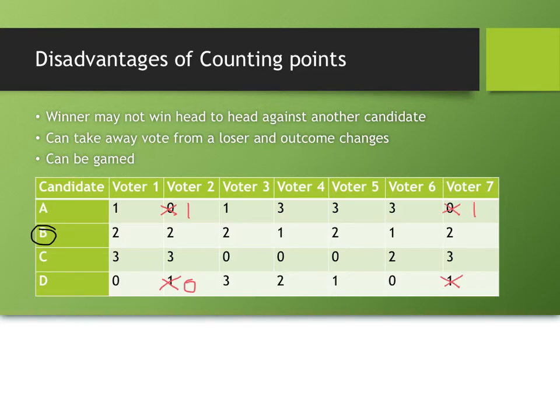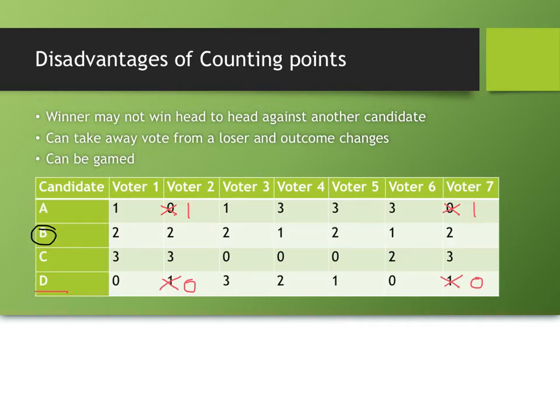Now notice that all I did was I took away points from a loser, specifically here D. All right? And I gave those points to another loser, specifically here A. And also, if you pay real close attention, at no point in time did I put candidate A above candidate B's ranking.